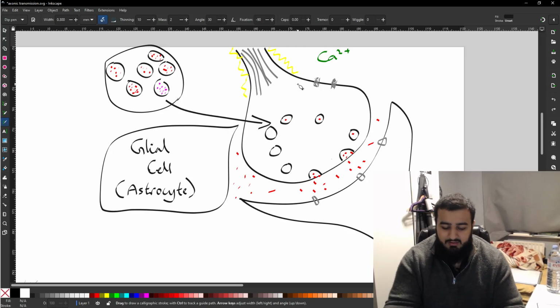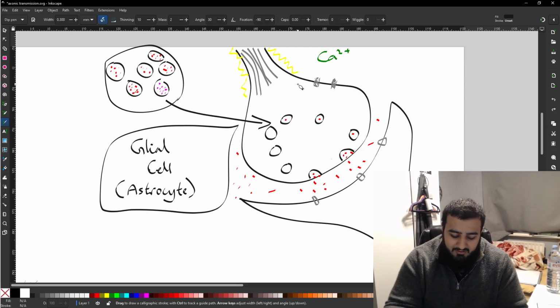Their structural integrity is maintained by a protein called tau, the tau protein. And this keeps them individual, this keeps them structured and consistent throughout the axon, no matter how long it is.